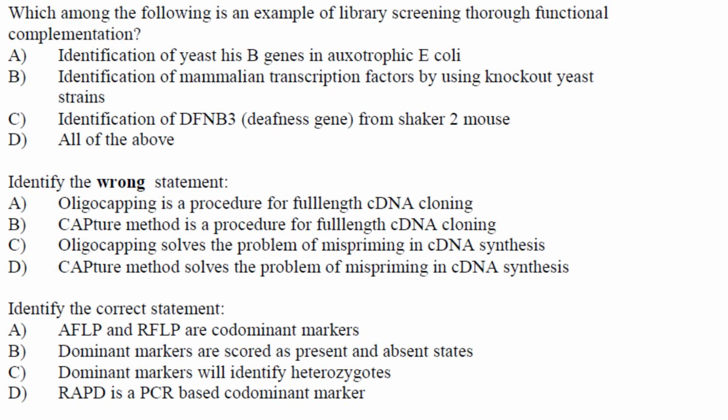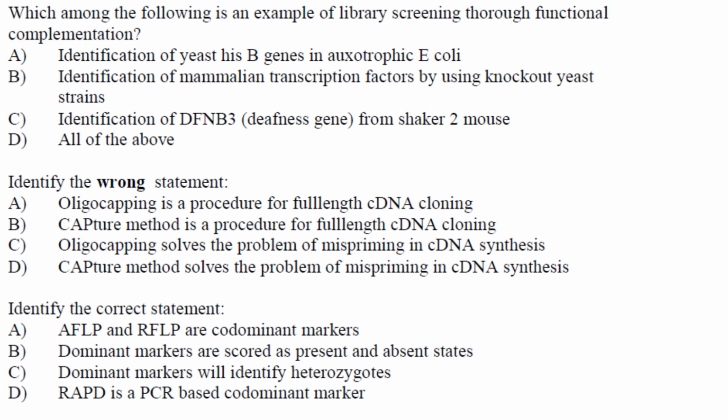Okay, when I give you examples you will understand. Identification of yeast His3 gene in auxotrophic E. coli. So E. coli is lacking histidine synthesis. Yeast genomic library is introduced into E. coli. Now colonies growing in histidine free media indicate complementation by the yeast His3 gene. Okay, now that is an example of functional complementation.